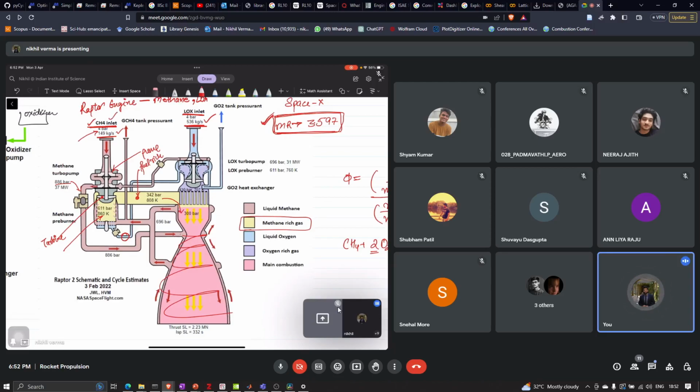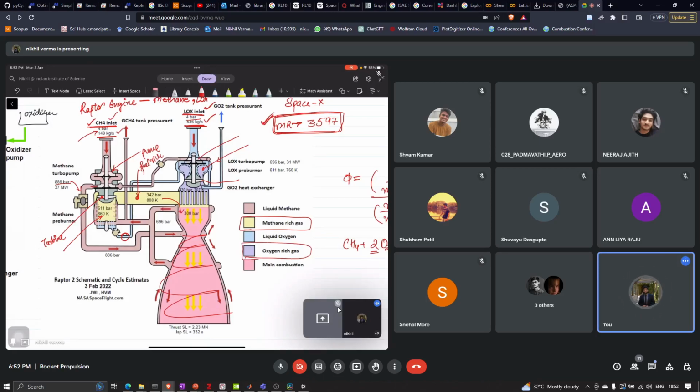Similarly, we have it for liquid oxygen. Liquid oxygen comes at 4 bar. A small amount of methane is supplied to this, where the combustion takes place and the temperature is increased. This is the pump and this is the turbine. This pump is in an oxygen-rich condition, the combustion products.